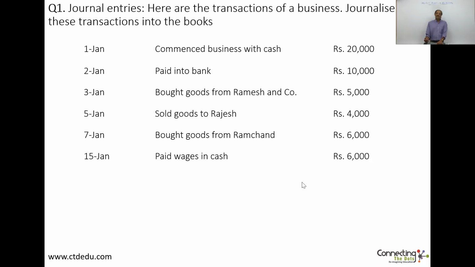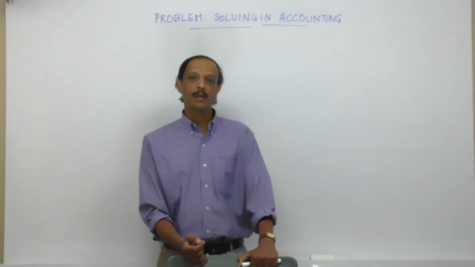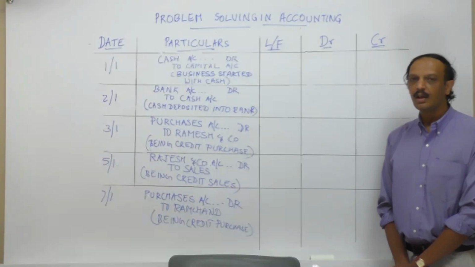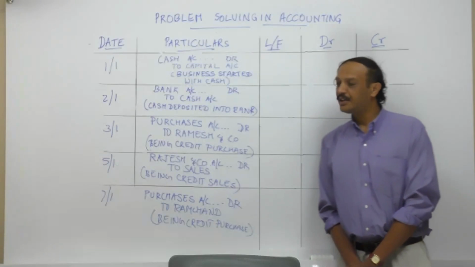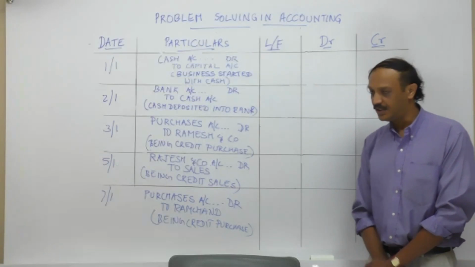So let us go about knowing how to pass the journal entries based on the rules that we applied or followed earlier. Let us see the journal entries that need to be passed for the first 15 days for this organization.